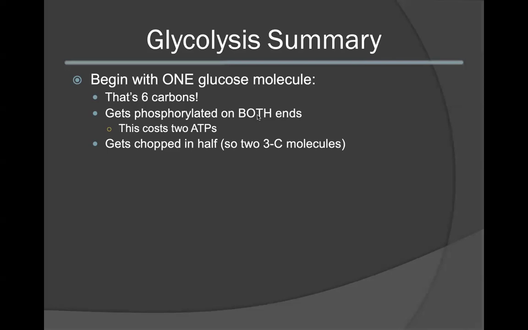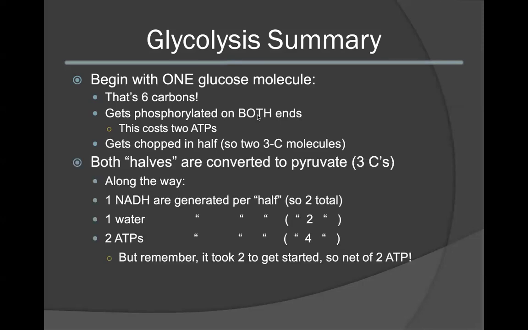That is where the inorganic phosphates actually come from. Once the glucose molecule is phosphorylated at both ends, it's going to get cleaved in half. This will lead to the production of 2 3-carbon molecules. Eventually, these halves are going to be converted into pyruvate. Pyruvate has 3 carbons associated with its structure.